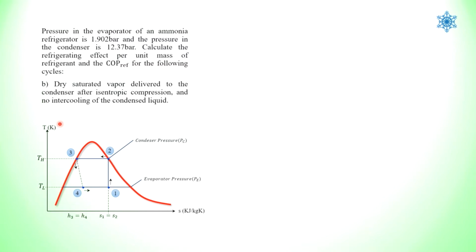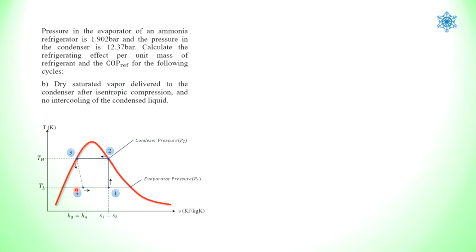Okay, so when you take a look at this TS diagram, it is slightly different from the previous one. The previous one is a reverse Carnot cycle, where your state point 4 is vertically below state point 3, where it undergoes isentropic expansion in a turbine.